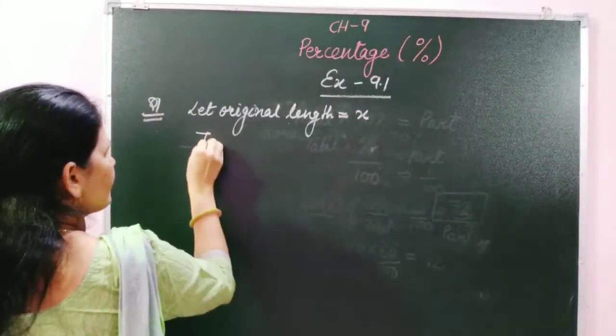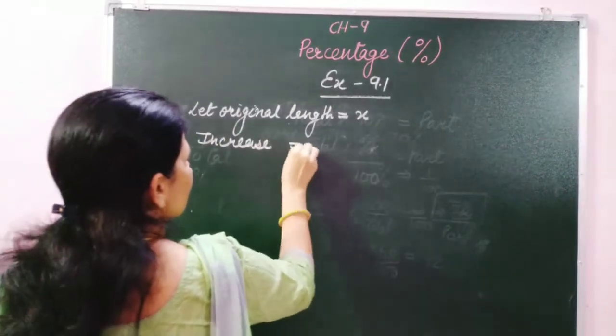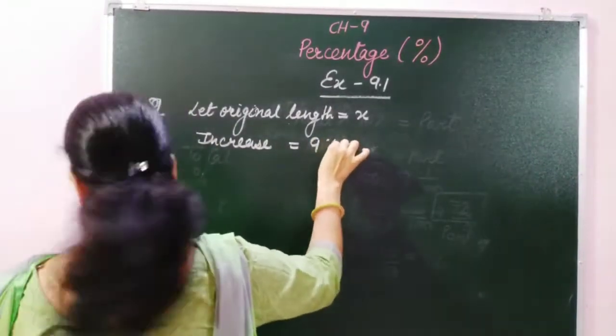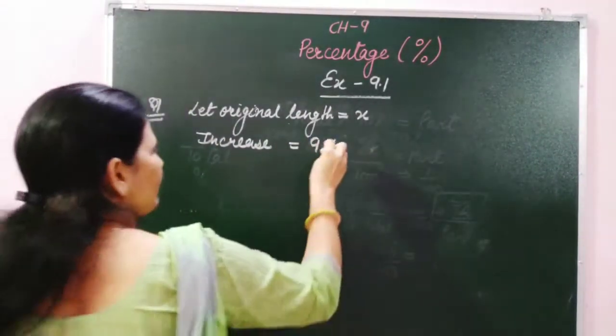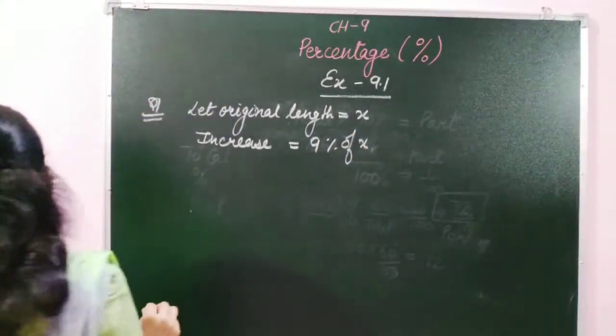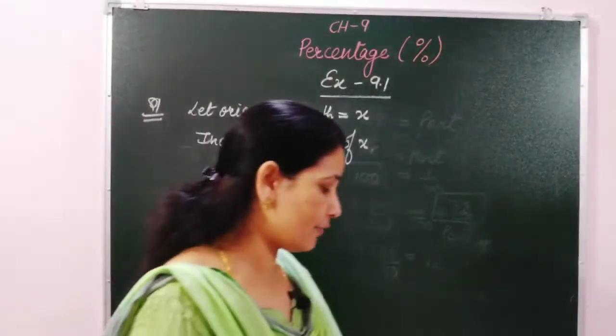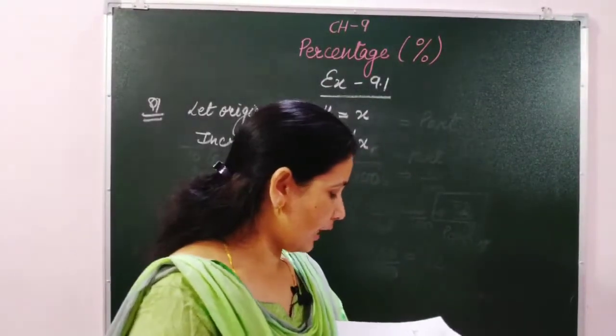Then the increase is 9% of the total, that means 9% of x. And we have to write the strength after the increase because they have given us the strength after the increase.